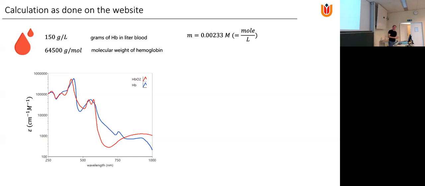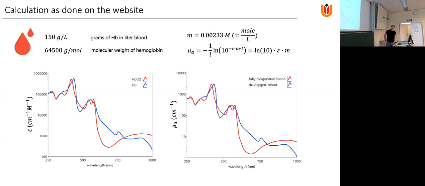The molecular weight of hemoglobin is 64,500 grams per mole, which results in a molarity of that amount of moles per liter. We could fill that in, and that is actually what is done on the website, and then end up with a spectrum that looks like this.